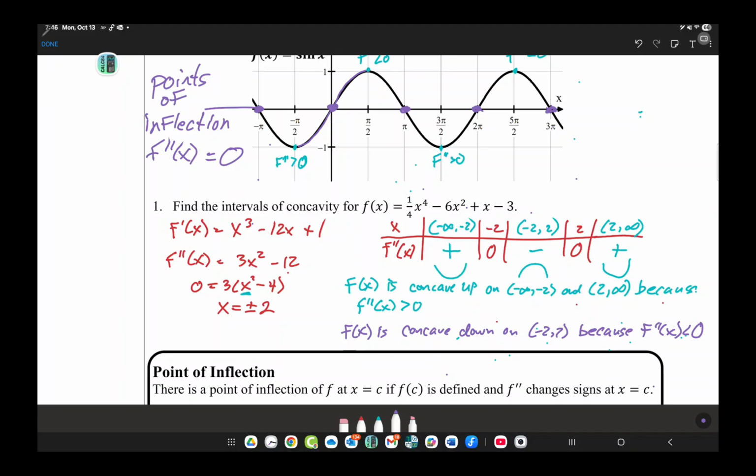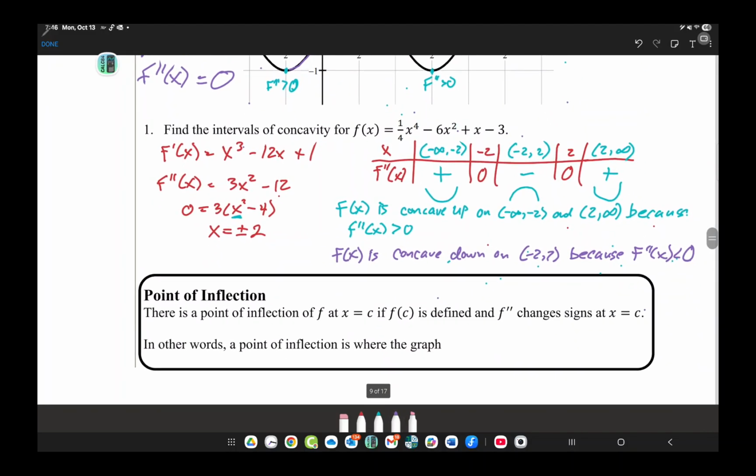Now, if you are ever asked to find points of inflection and to give the reason why these are points of inflection, points of inflection at x equals plus or minus 2, because f double prime of x changes signs.